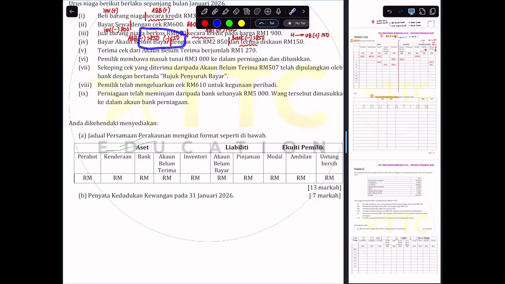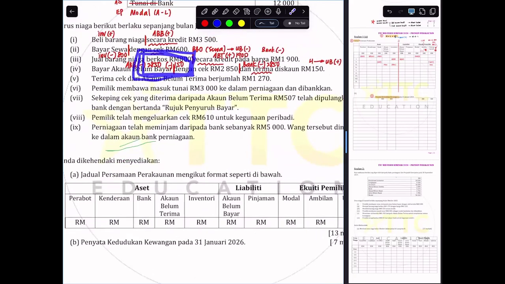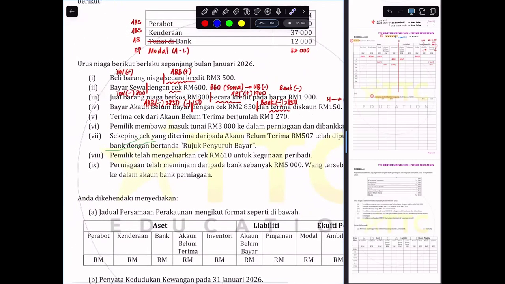Give a try. Minus ABB by 2 times. So totally have to minus by how much? Can anyone answer? Because this one is one of the confusing parts. I need you to answer. I can't proceed without your answer.